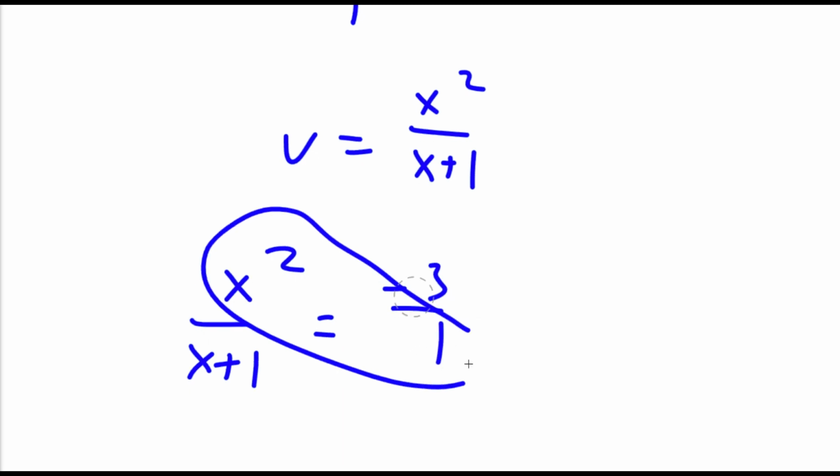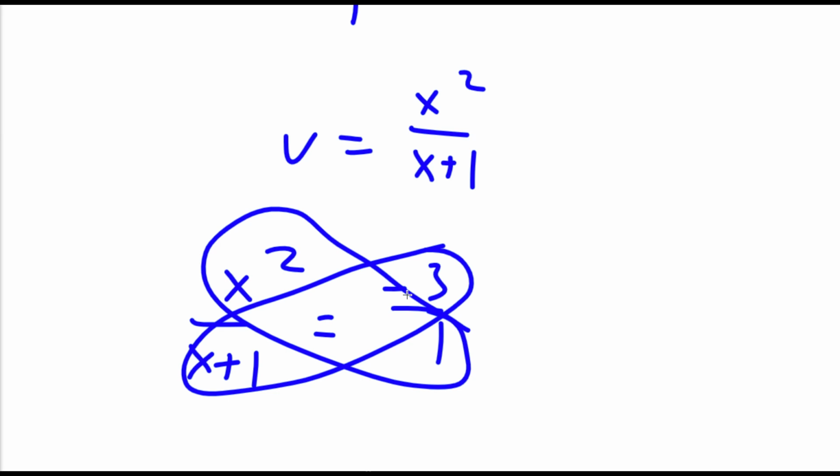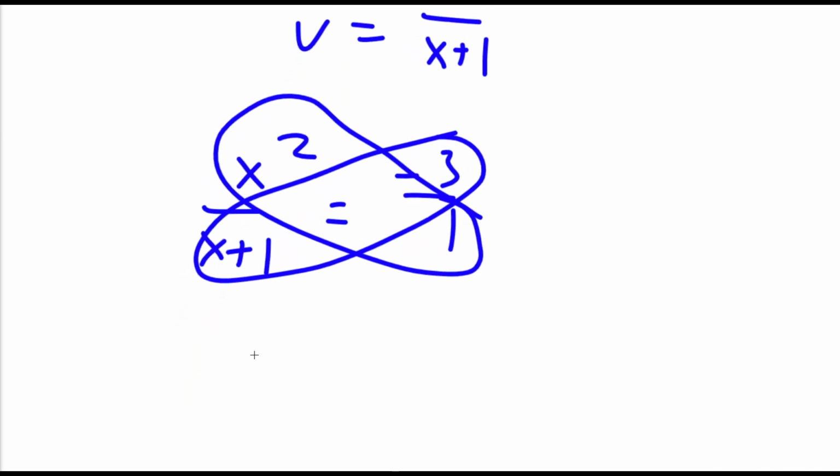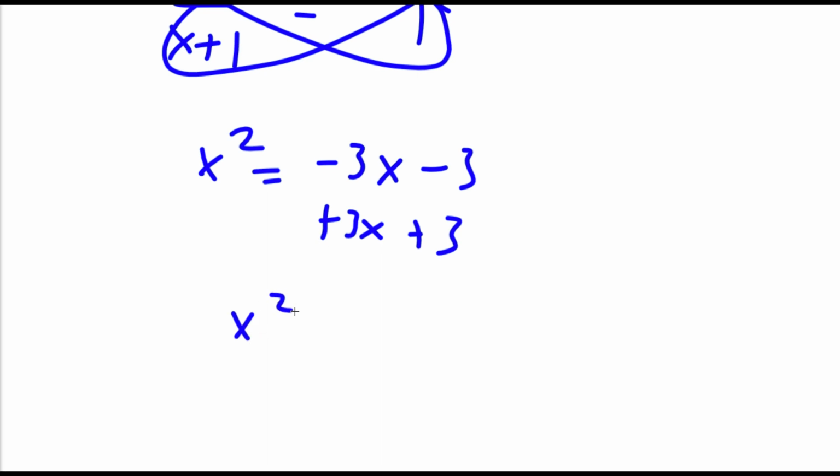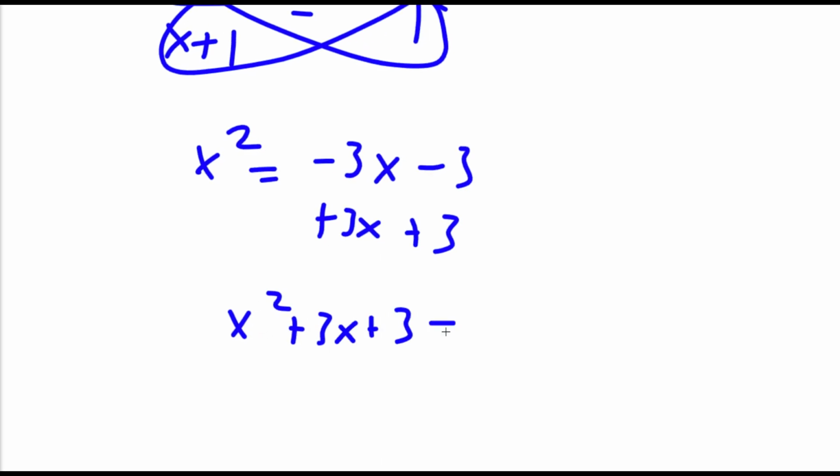So now I can cross multiply, and now I will have x squared is equal to negative 3x minus 3. So now if I add 3x on both sides, and I also add 3 on both sides, I get x squared plus 3x plus 3 is equal to 0.